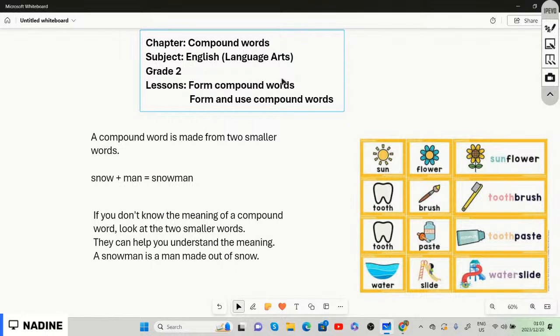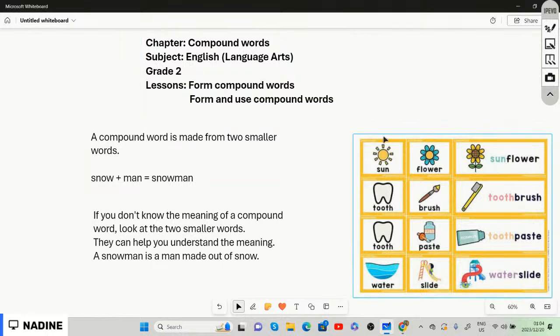The lessons that we are focusing on under the chapter of compound words are to form compound words, and to form and use compound words.